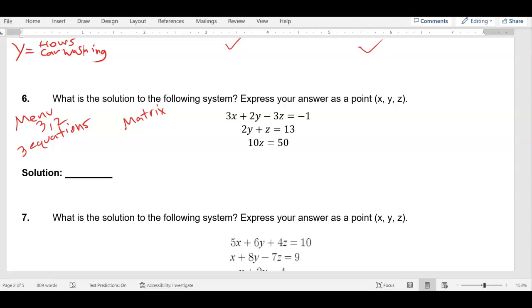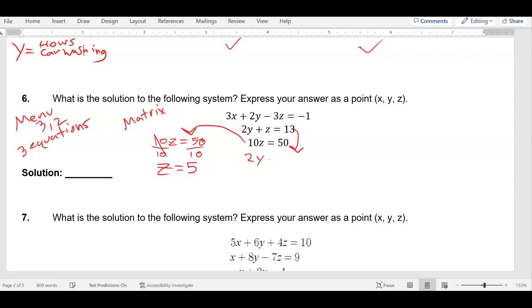Okay. So if I take this one, 10z equals 50, divide by 10. Again, I'm taking the one variable one, and I get 5, okay?